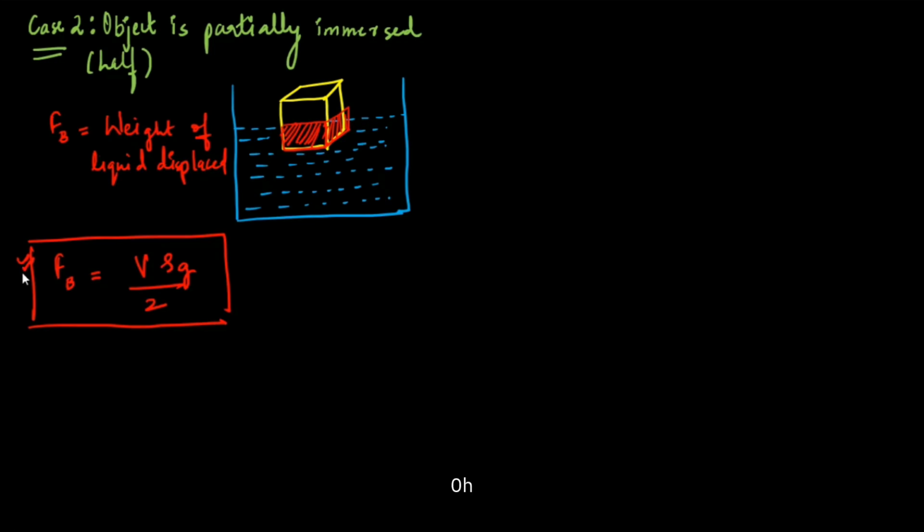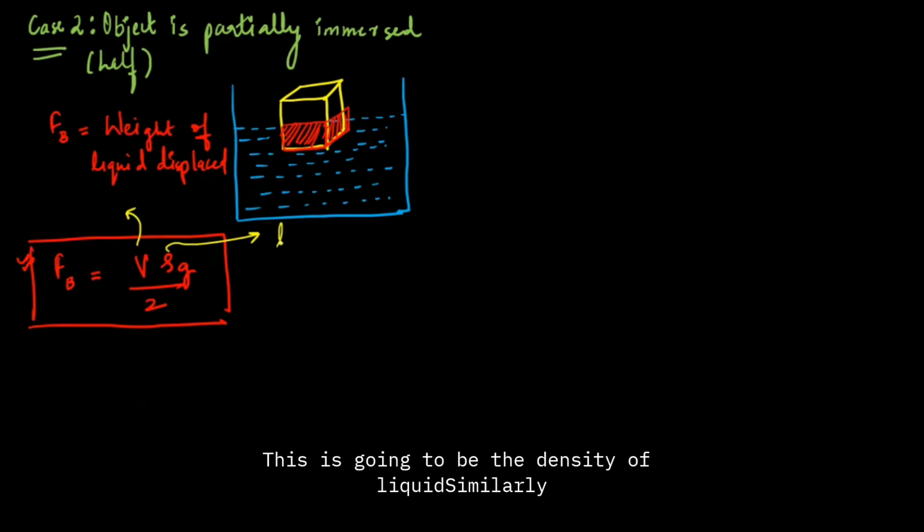Did you get it? Why did we take half volume in this case and complete volume in the last case? Yes, sir. Because in the other one it displaced all of the volume. Yeah, the volume displaced was equal to the volume of the object. Now just tell me what is this density? This is going to be the density of the liquid.